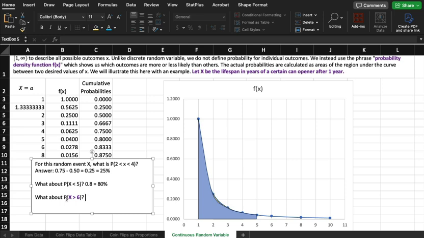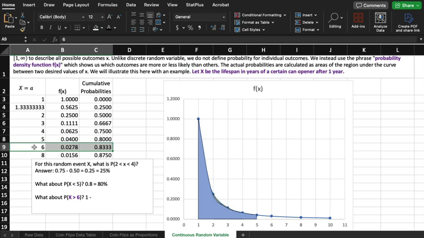And the last one here is the probability of x being greater than 6. So the direction of the inequality has been reversed now. Now we want to know what the probability of a lifespan above 6 years is going to be. So we need to use the complement rule, 1 minus something. So what is the cumulative probability that is associated with x equals 6? Because that's the number here.